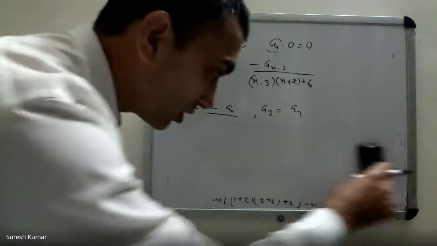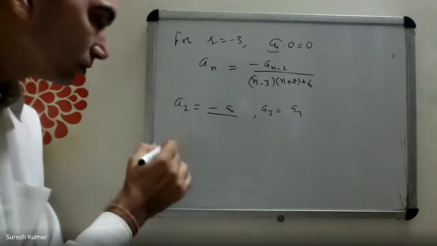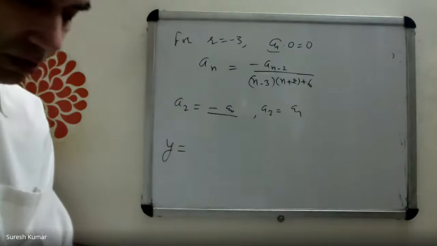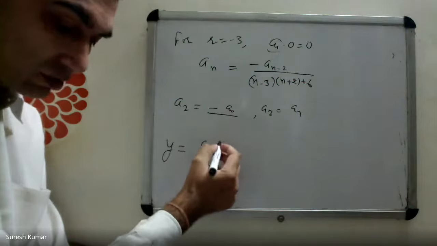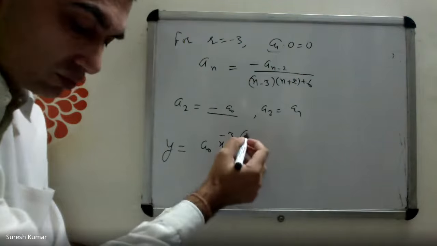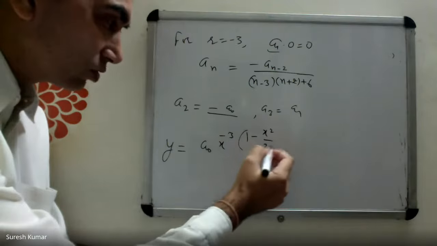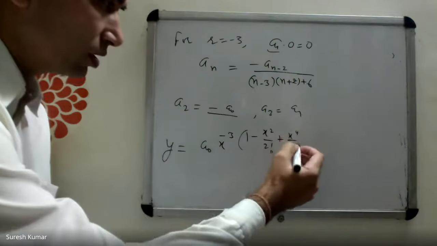Then write your final solution corresponding to r equal to minus 3. It's just a matter of calculation. I'm writing it for you. You can check it later. A0 x power minus 3 into 1 minus x square over 2 factorial plus x power 4 over 4 factorial and so on.